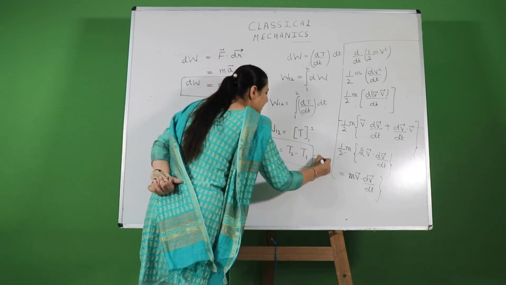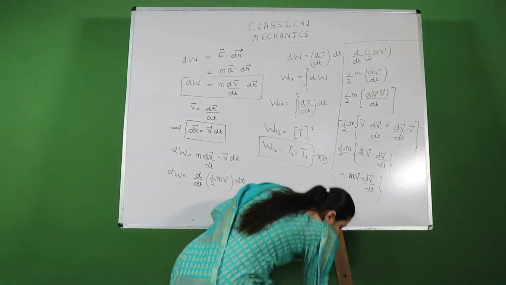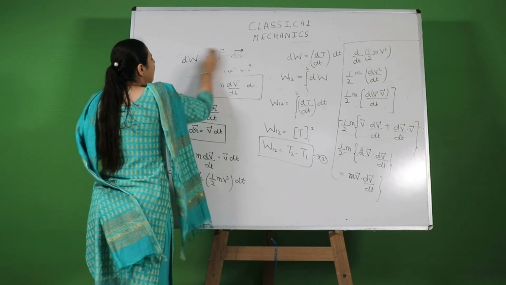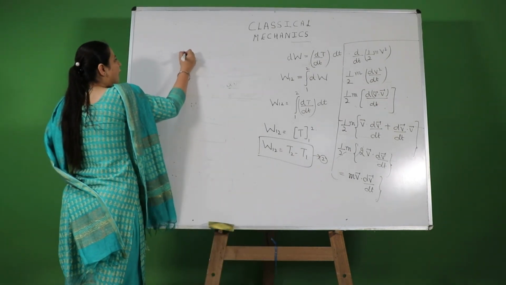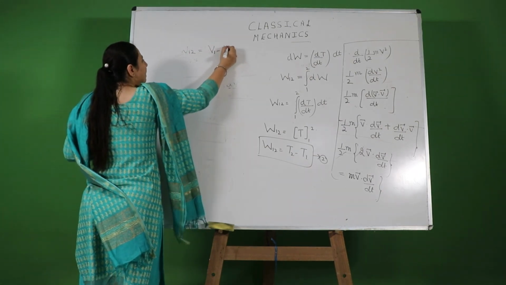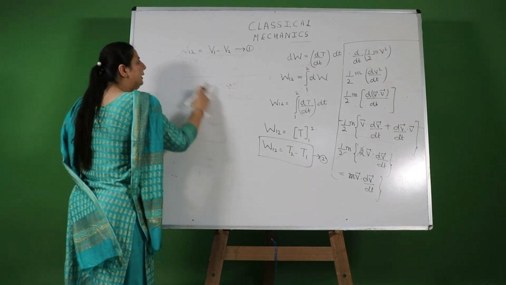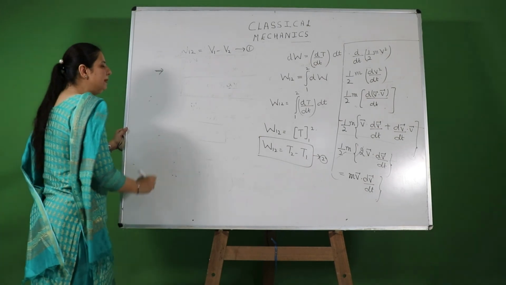Call this equation 2. Now, if I compare this relation with my first equation, from the first equation we have written W12 as V1 minus V2. So from 1 and 2, their left hand sides are the same, which means their right hand sides would be the same.